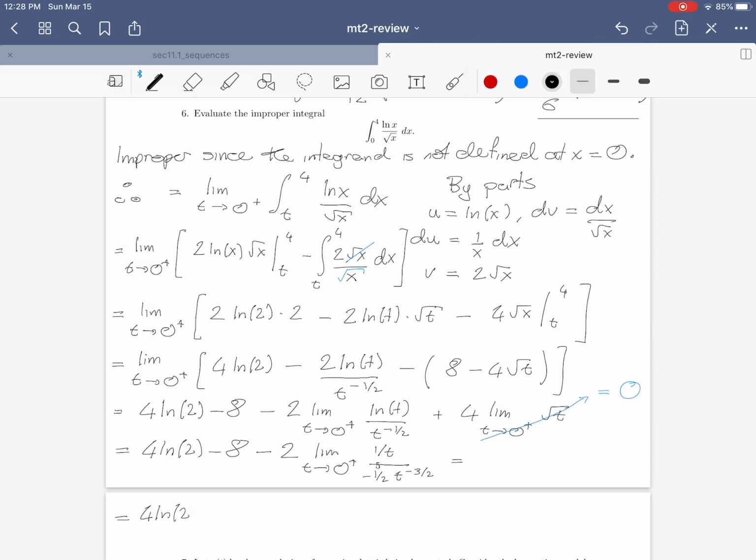So this is 4 ln 2 minus 8 minus 2 divided by negative 1/2. Let's pull the constant outside. Limit as t tends to 0, and we have 1 over t divided by t to the negative 3 over 2. So let's multiply up by t to the 3 over 2, which gives us t to the 1/2, and so this is now also equal to 0.